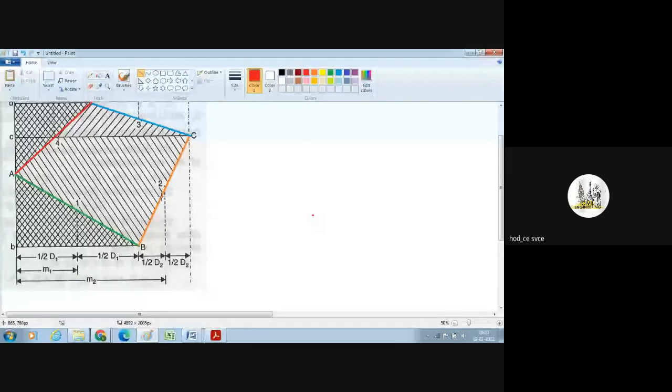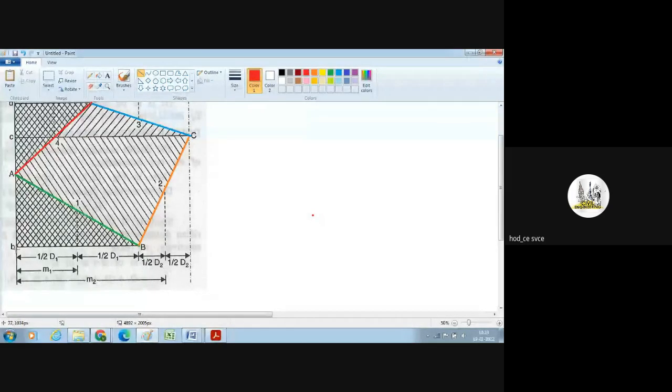Within that, at the point of 2, I have taken half the distance, half of D2. That means the meridian line is from the axis to here. So what is M2? M2 will be equal to D1 plus half of D2. Right? So D1 plus half of D2, that is the M2 value.